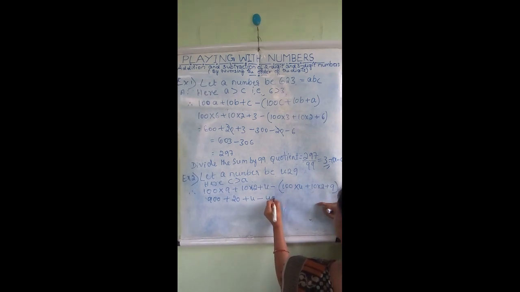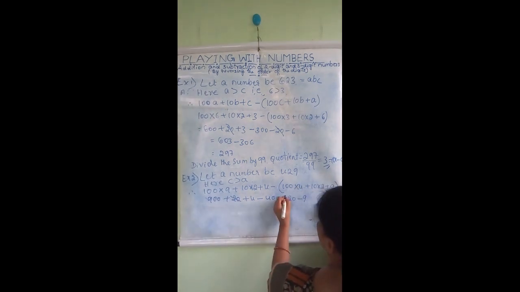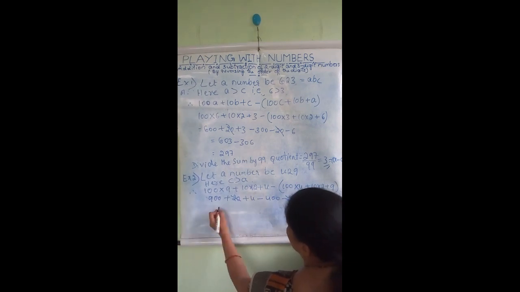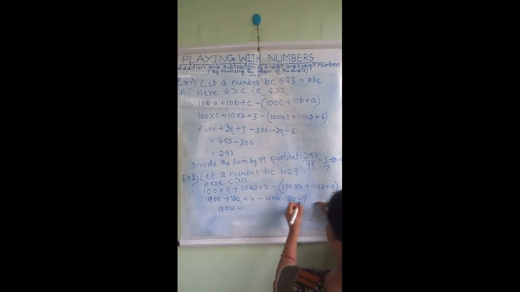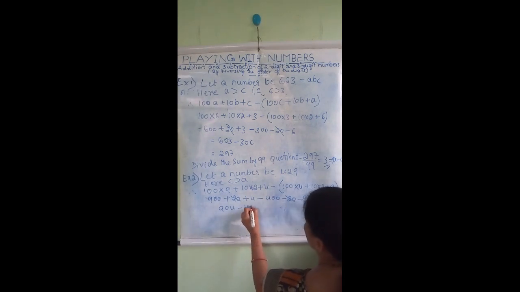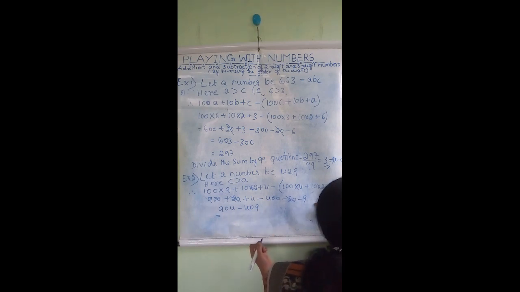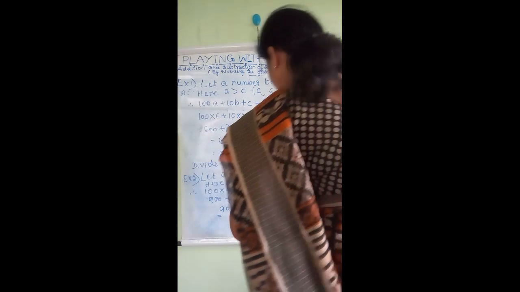Here 400 minus 20 minus 9 you will get. Plus 20 minus 20 get cancelled. Then 900 plus 4, 904, minus 400, minus 9, minus 409. The answer is 495.